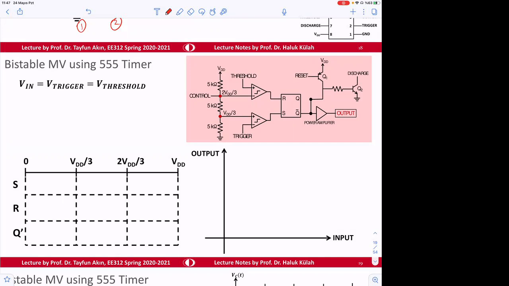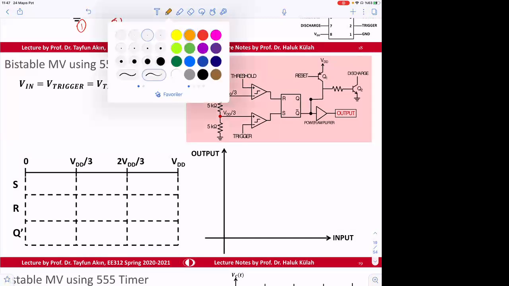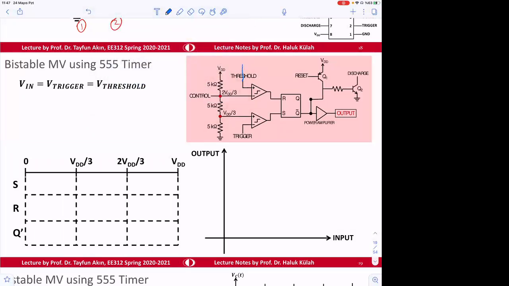For proper operation, we will be connecting the threshold voltage, if I connect this one, maybe I should select a different color to make it clearer.